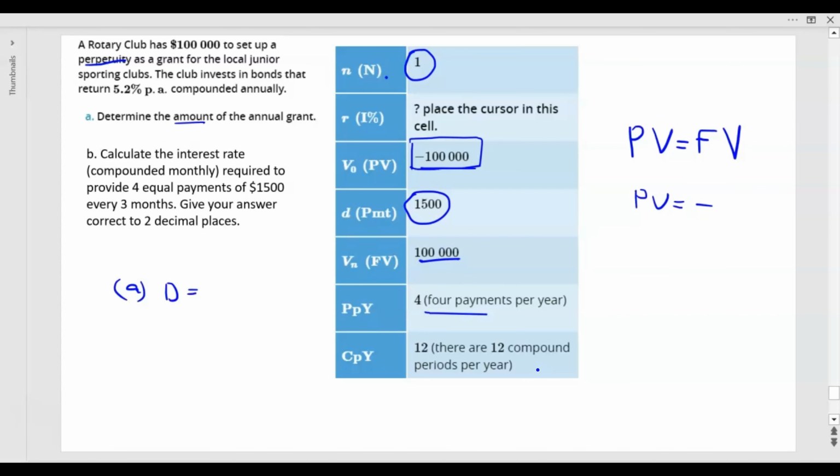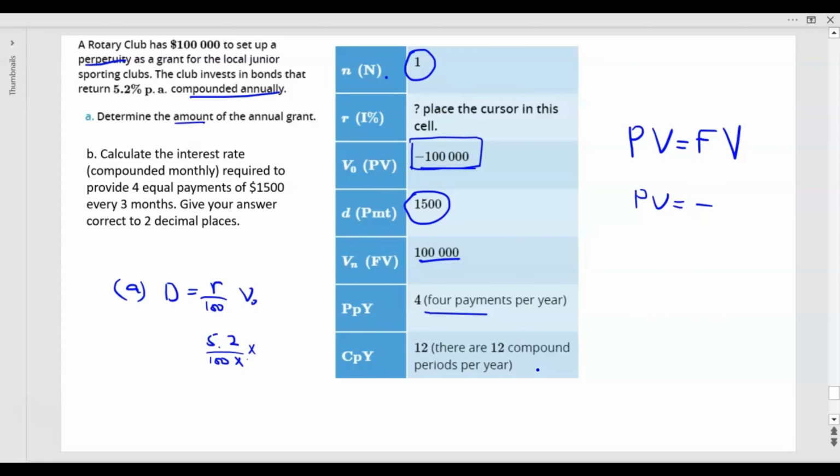So we're going to use R over 100 times V naught. It's going to be 5.2 over 100, because the compounding period is annual, so that's basically 1.